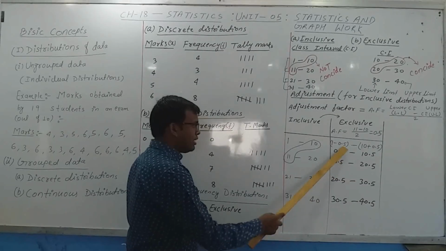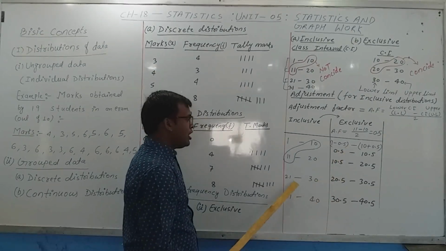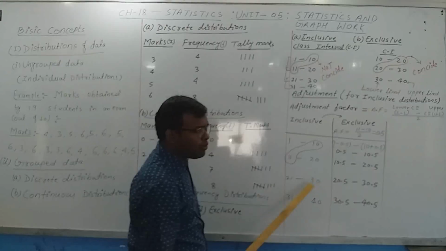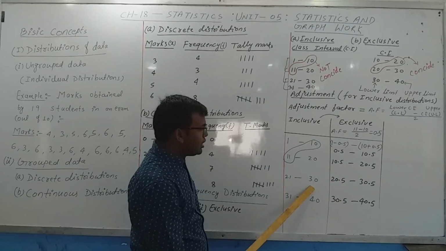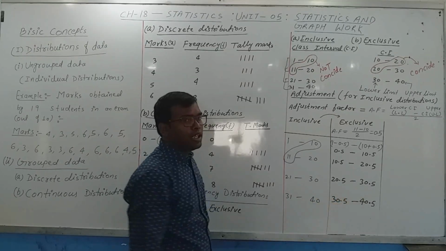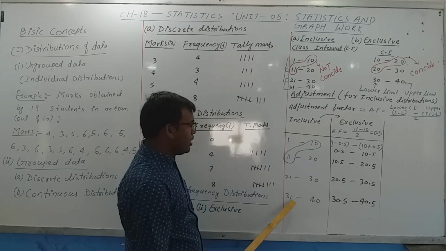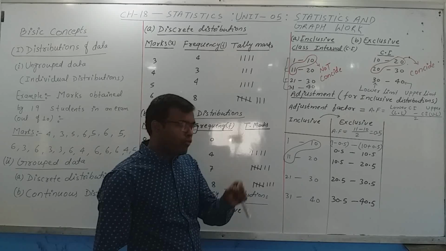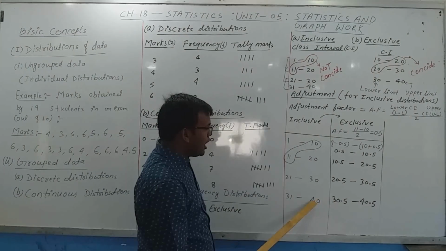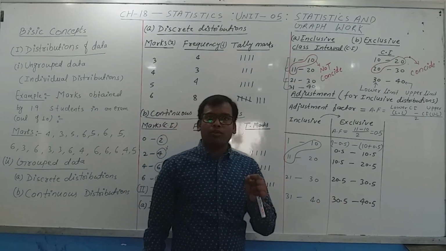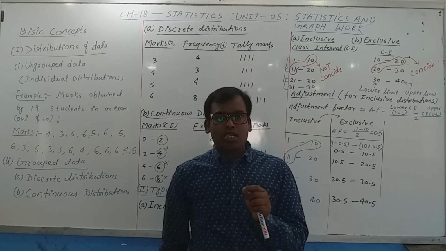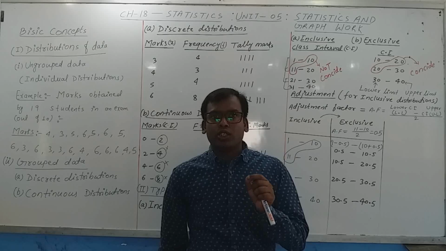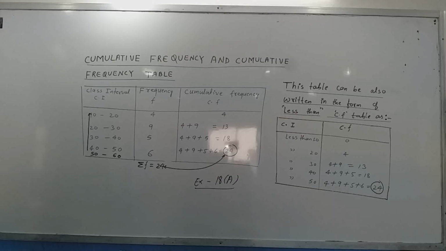Here will be 21, so 21 minus 0.5 will be 20.5, and 30 plus 0.5 will be 30.5. In the same way, 31 minus 0.5 will be 30.5 and 40 plus 0.5 will be 40.5. So this is all about the distributions of data.